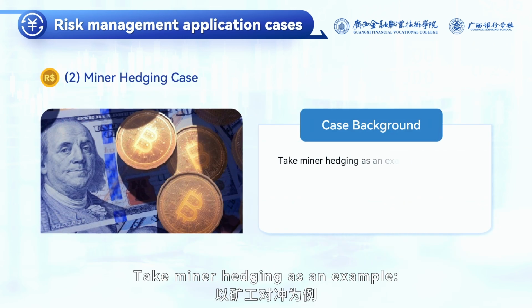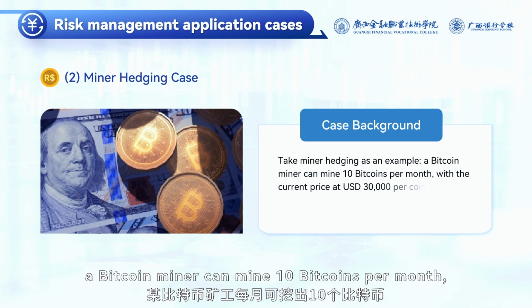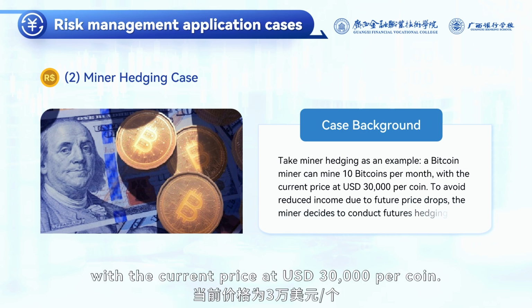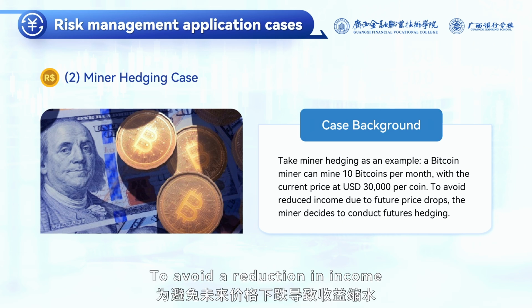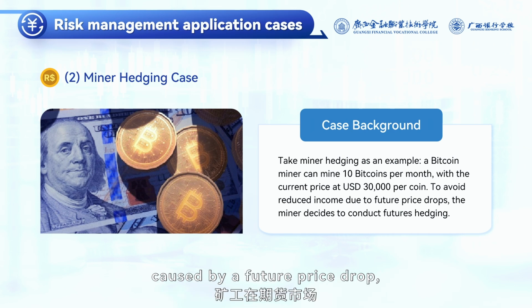Take miner hedging as an example. A Bitcoin miner can mine 10 Bitcoins per month with the current price at $30,000 per coin, and wants to avoid a reduction in income caused by a future price drop.